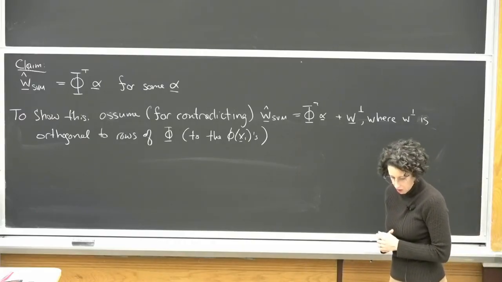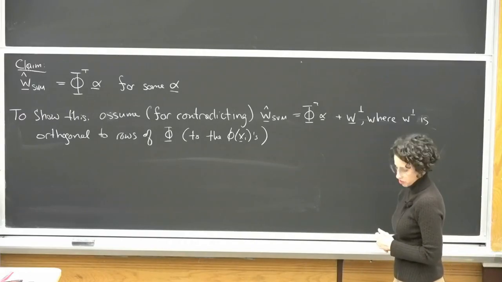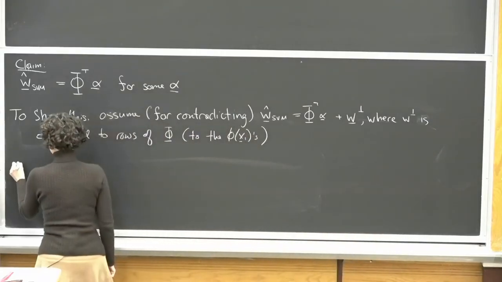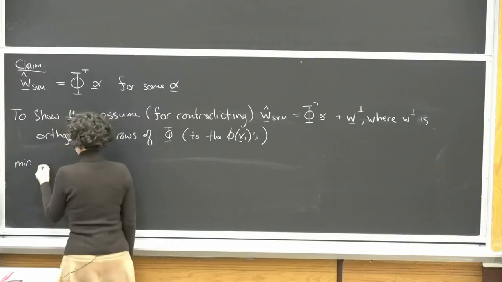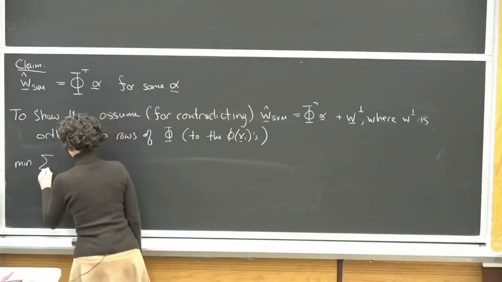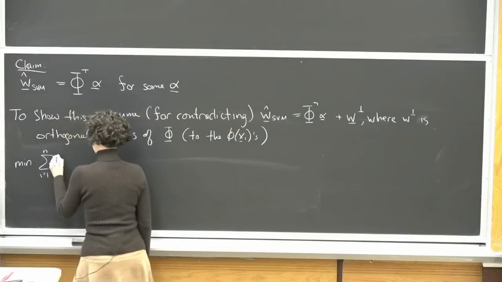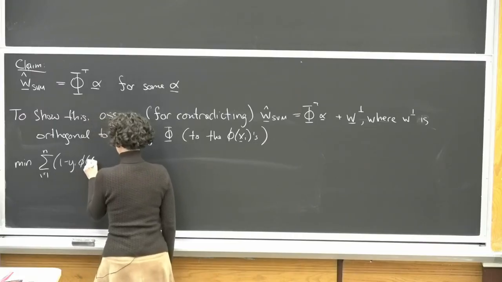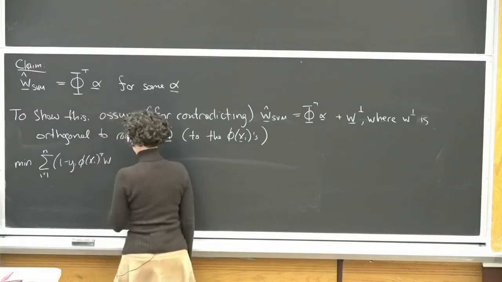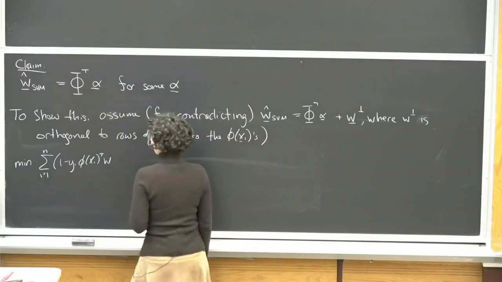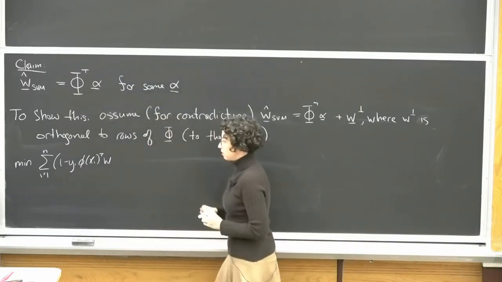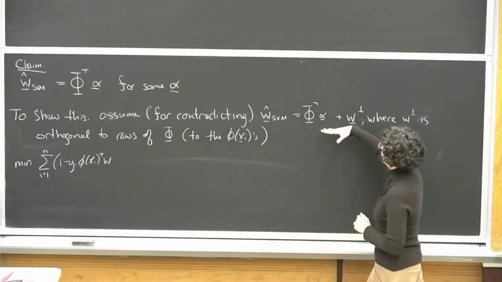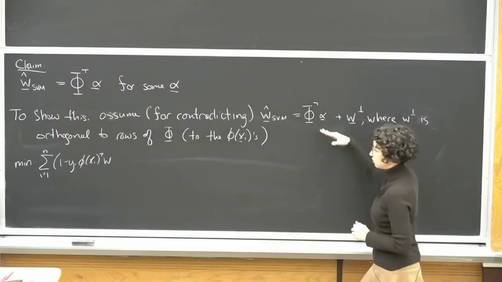Okay, so now if we think about our objective function for the SVM, what we're trying to do when we try to find the weight vector is minimize, again, the sum over i equals 1 to n of 1 minus y_i phi(x_i) transpose times my weight vector. But now I'm going to replace this weight vector with this form that we're interested in.